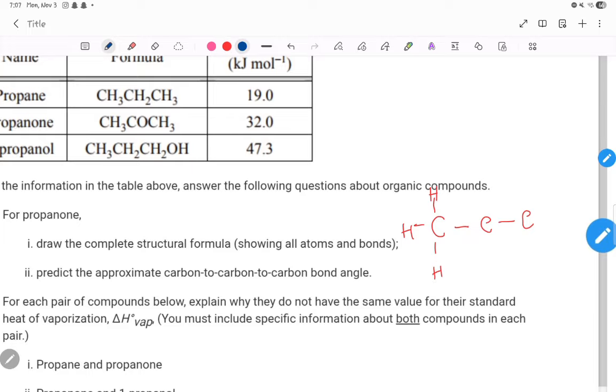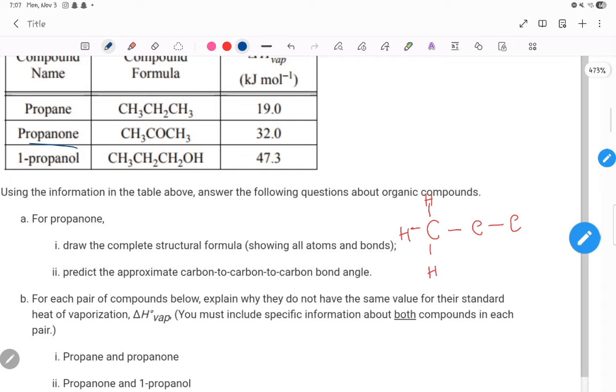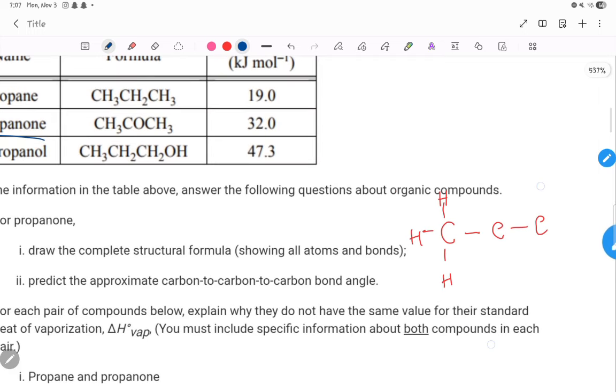My bad, I was drawing propane. Propanone. So it's still correct, okay? So H, H, H. Then we have O. So we have a double bond over here because O always forms a double bond. So double bond O. And then on the other side, we have H, and H. So this over here is the propanone. So if you draw the structure, this is what the propanone looks like.